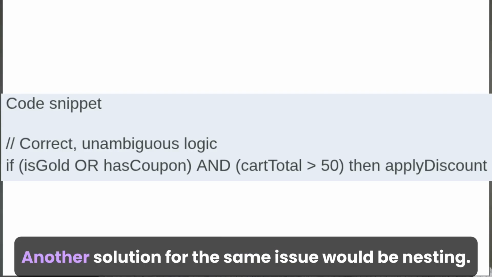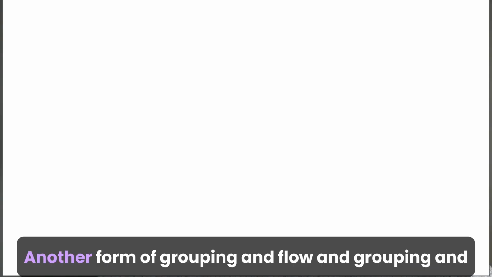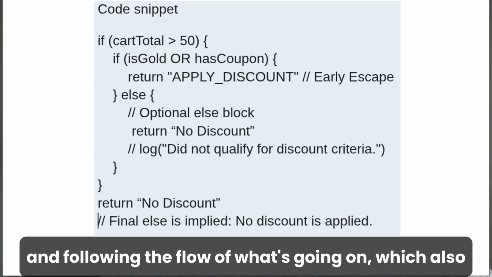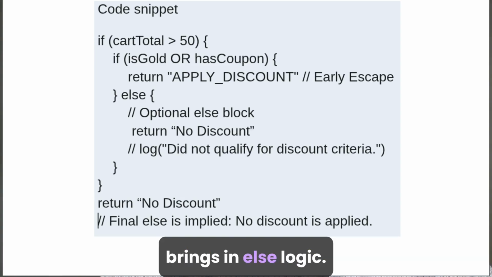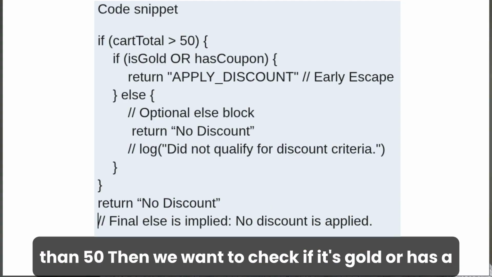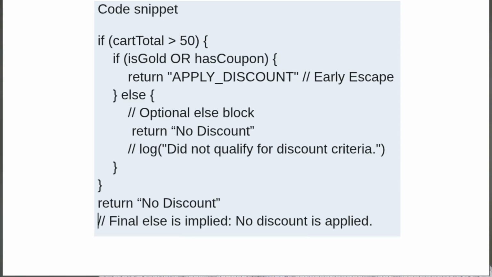Another solution for the same issue would be nesting, another form of grouping and following the flow of what's going on, which also brings in else logic. So another way to do it would be: if cart total is greater than 50, then we check if it's gold or has a coupon, then we return apply discount using our escape logic.